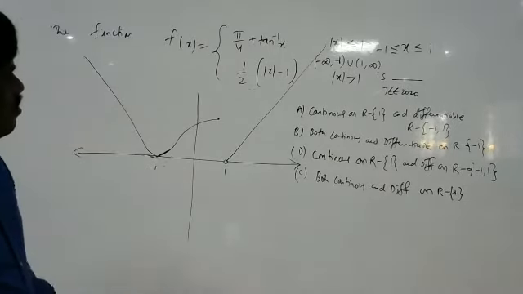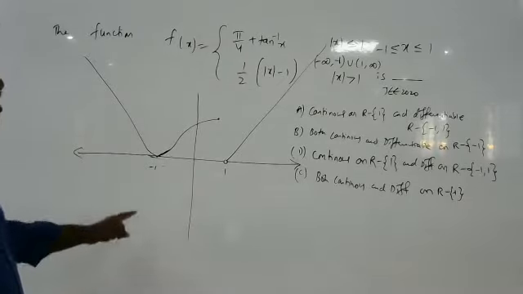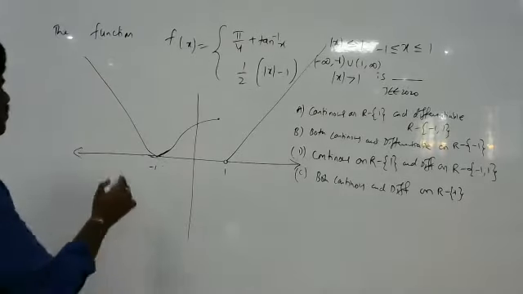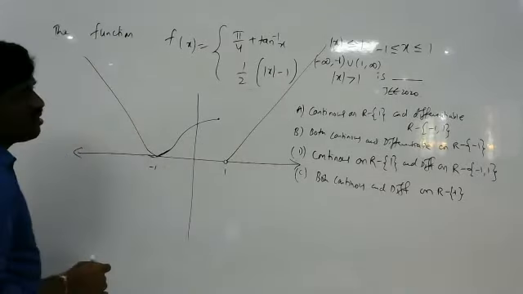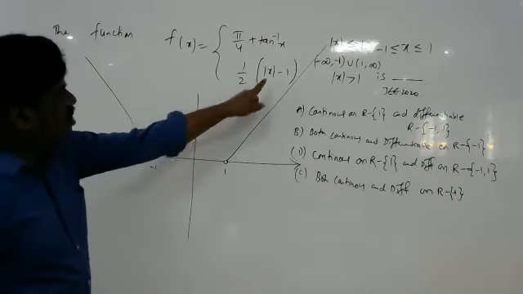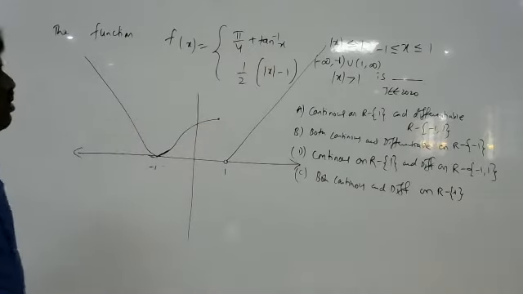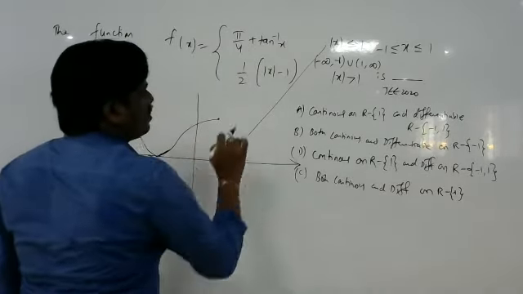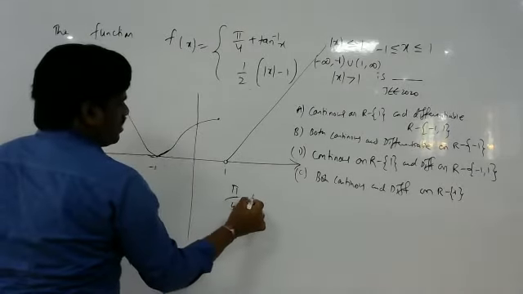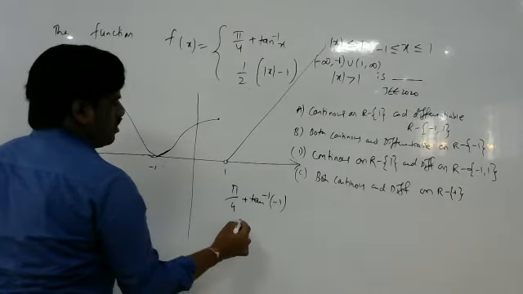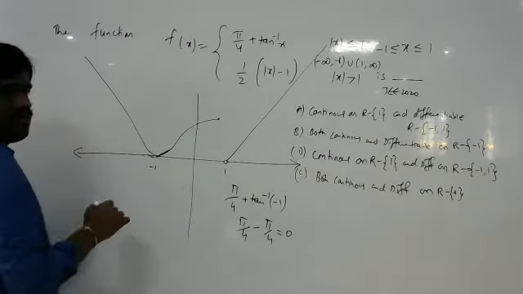Modulus of minus 1 is 1. Wait, here it is pi by 4 plus tan inverse of minus 1. So pi by 4 minus pi by 4, that is 0. This is the point.